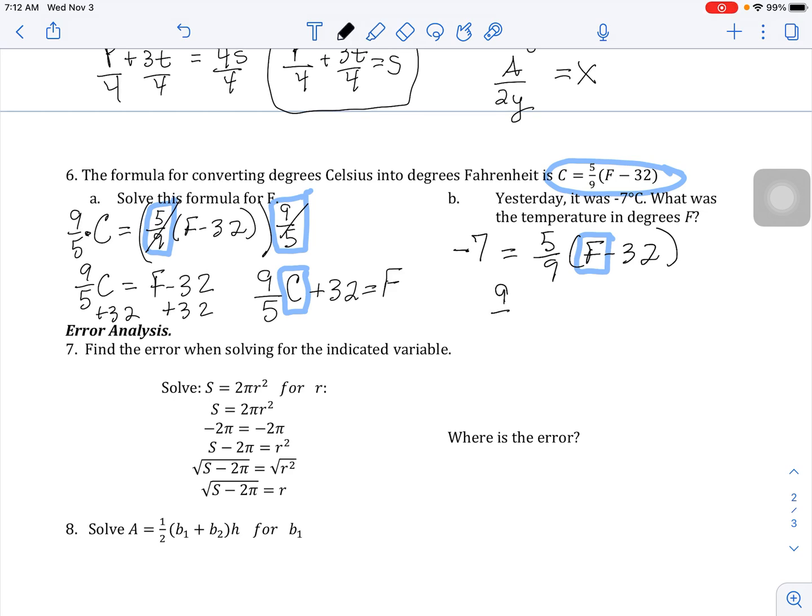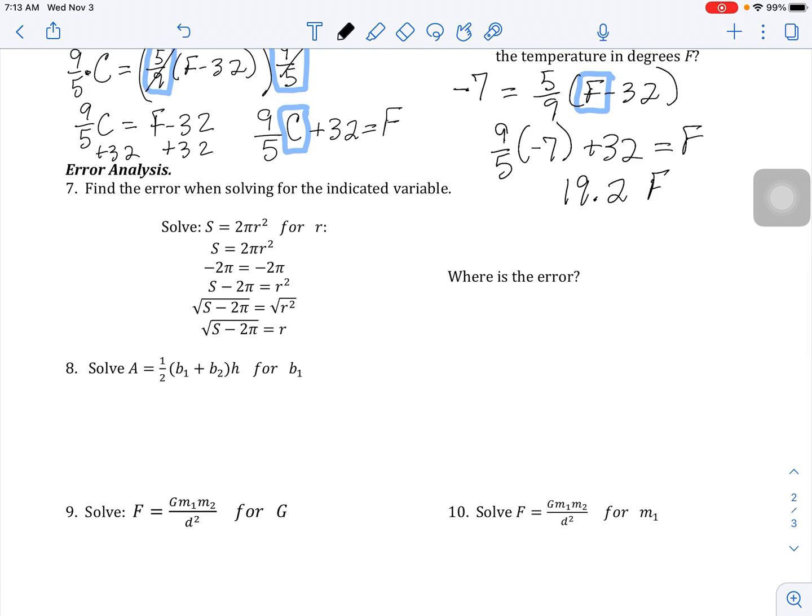So 9 over 5 times negative 7 plus 32 equals F. So you're going to go to your calculator, and you're going to go 9 over 5 times negative 7 plus 32, and that is 19.4 Fahrenheit.